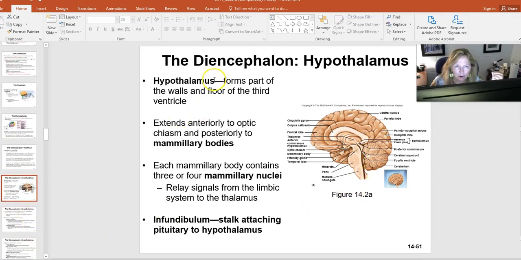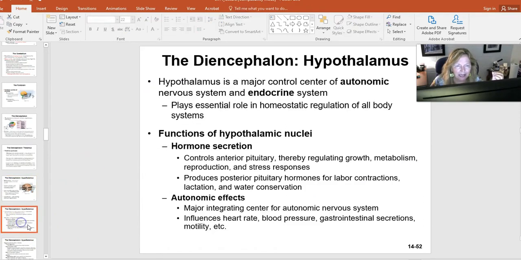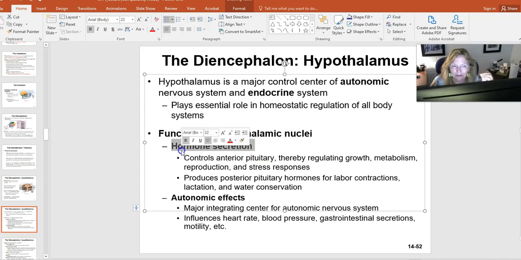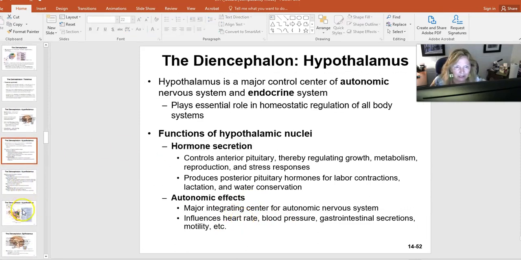And I had talked to you also about the hypothalamus, and just that the hypothalamus, when you think about it, is playing the most essential role in regulating so many things in the body, and it does that through hormone secretions by regulating the pituitary, and then also having some functions all on its own, like the autonomic effects of blood pressure, GI secretions, so many different things.